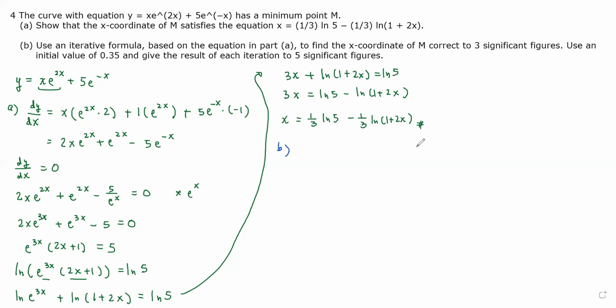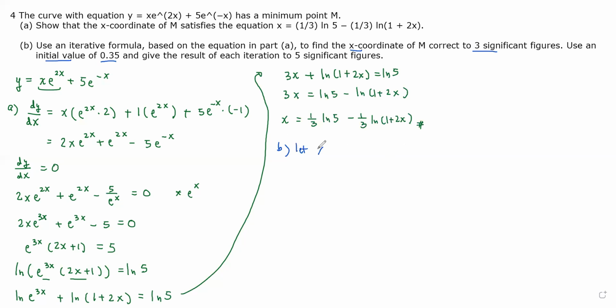Part B, based on the equation in part A, we need to find the x coordinate of M correct to 3 significant figures. We are to use an initial value of 0.35, and the result of each iteration is correct to 5 significant figures.